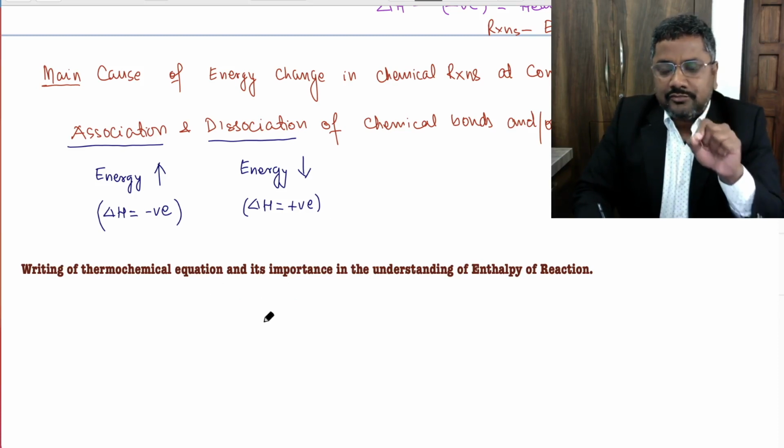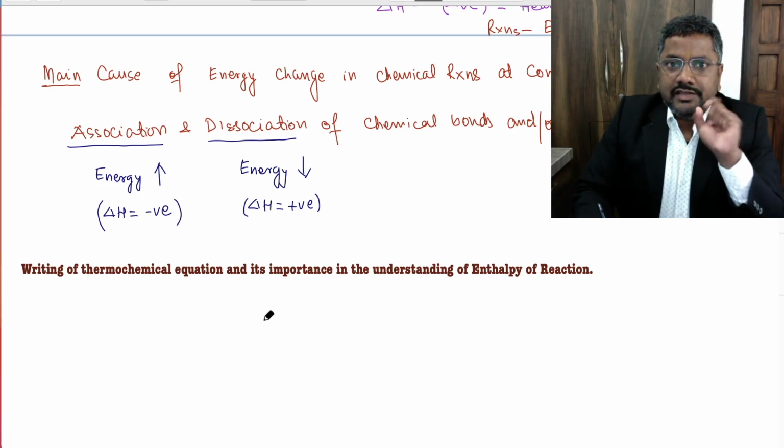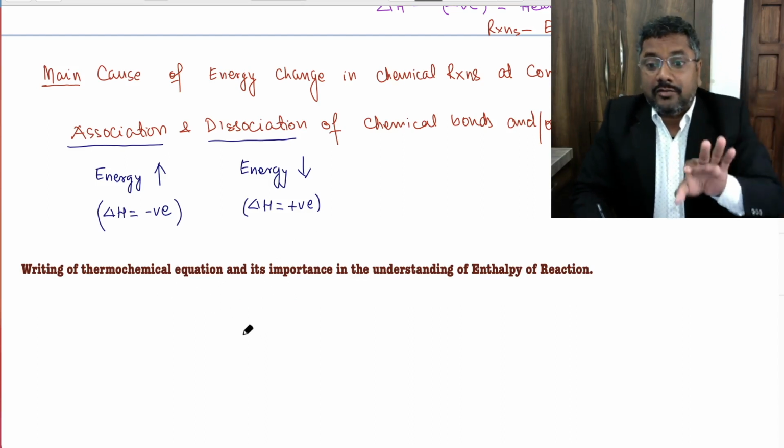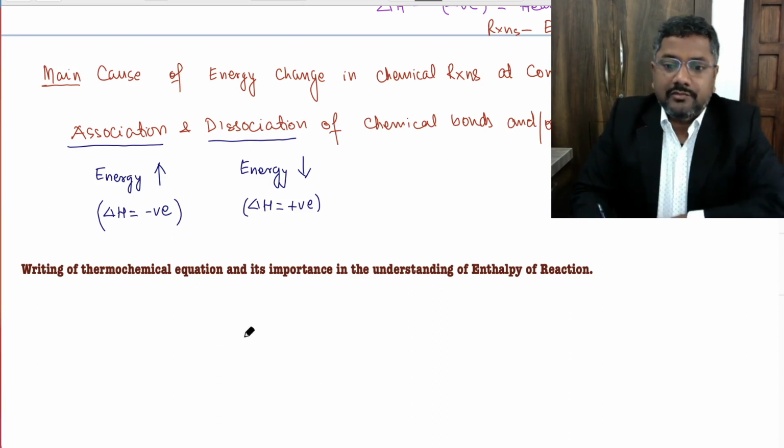Suppose any solid, and if that substance has some allotropic form, then you have to mention the allotropic form precisely, otherwise your calculation will be wrong.